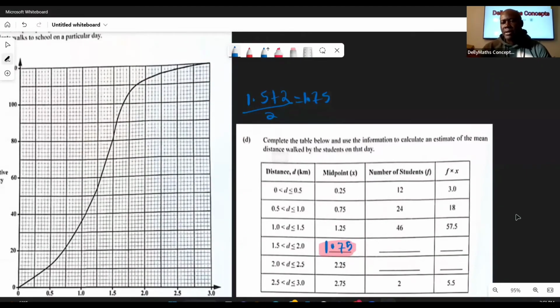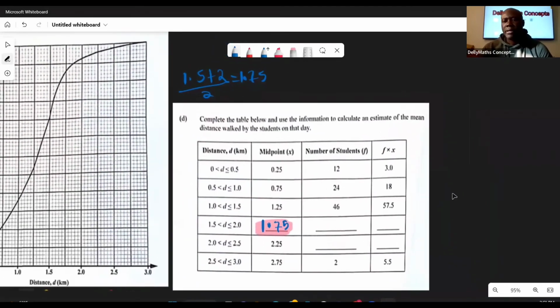Now, the other part of this might pose a little bit of a problem, because when you're looking at this, what we have here is a frequency, F. F stands for frequency. As you could see, we're going to be calculating the mean, which means we're going to be working out fx here, f times x.